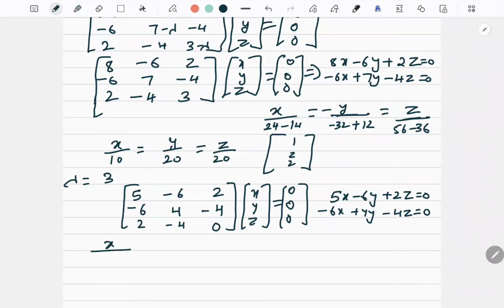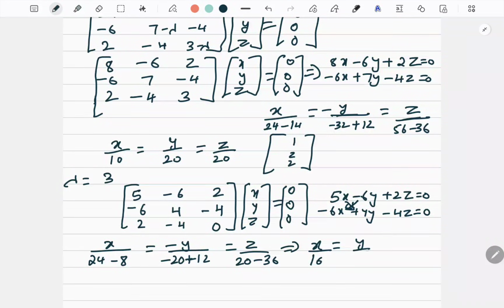So x upon 6 4s are 24 minus 8 is equal to minus y upon minus 20 plus 12 is equal to z upon 20 minus 36. This I am doing always. Okay. Now, this gives me x upon 24 minus 8, this is 16, is equal to y upon minus 8 is equal to z upon minus 16.